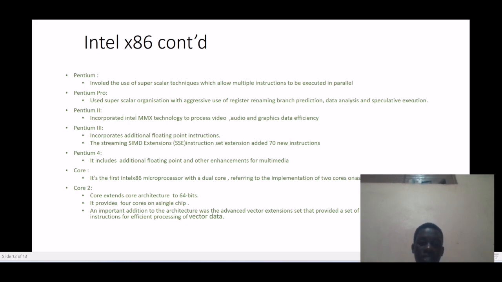An important addition to the architecture was the Advanced Vector Extension set that provided a set of 256 bits and then 512 bit instructions for efficient processing of vector data.